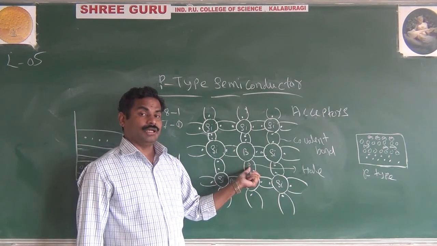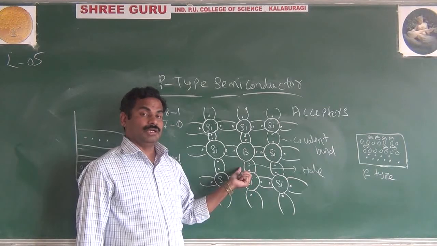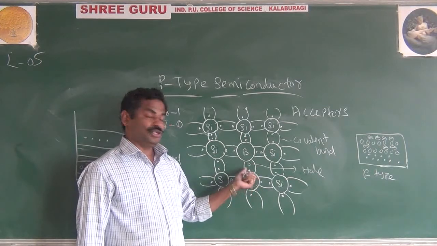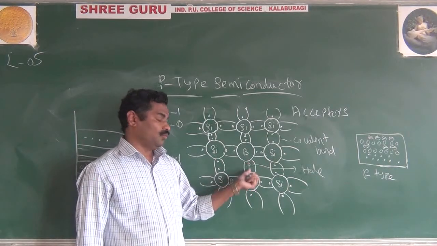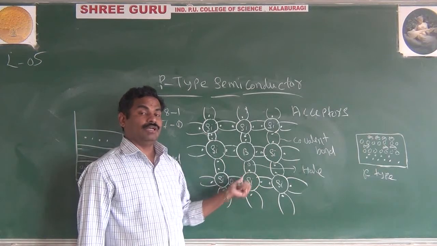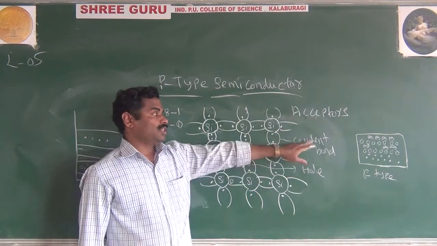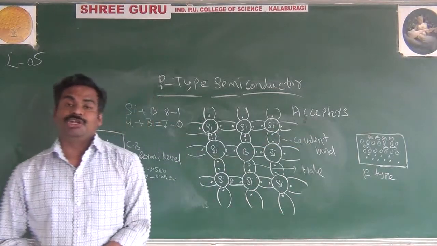You do not have another electron. Then what will they do? This hole will attract 1 electron from the neighboring atom. Then it completes this bond. That's why it is called an acceptor. They accept 1 electron to make the bond complete. This is about the importance of the p-type semiconductor.